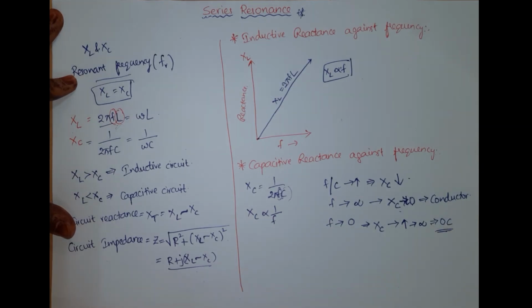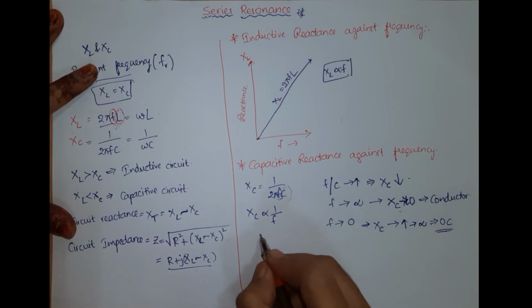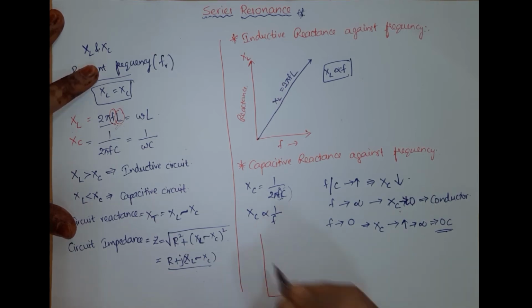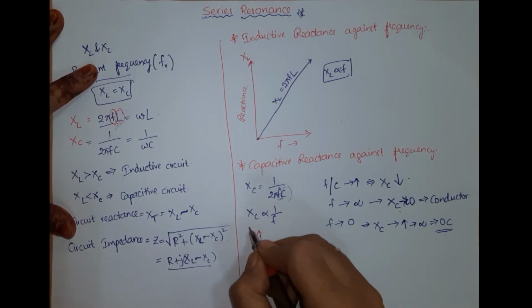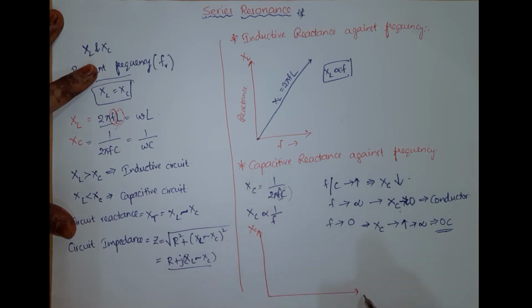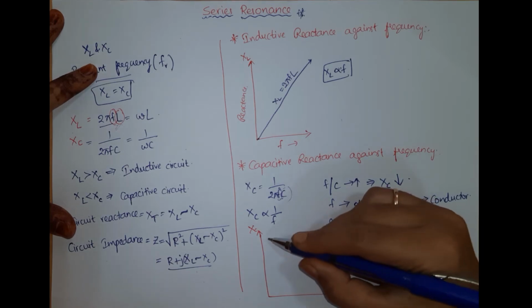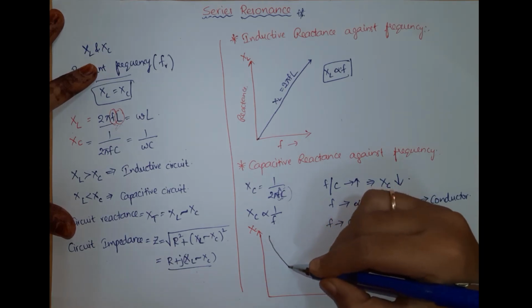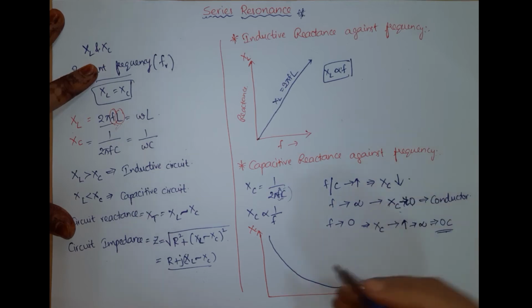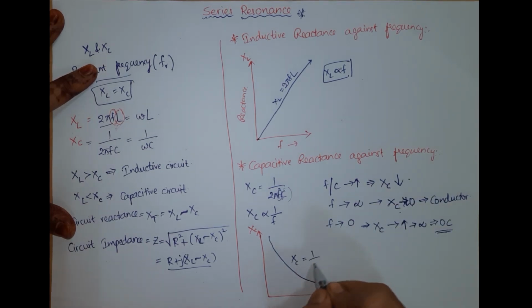Now, if you want to see it graphically, let us see it graphically. That is reactance Xc, and this is frequency. If you try to draw a graph by taking the values, you can observe that the graph of capacitive reactance against frequency will be a hyperbolic curve, with values from 2 pi Fc.